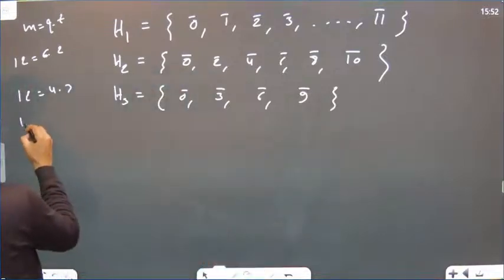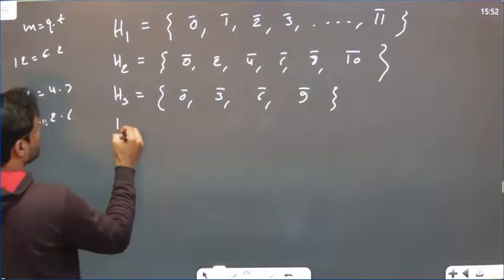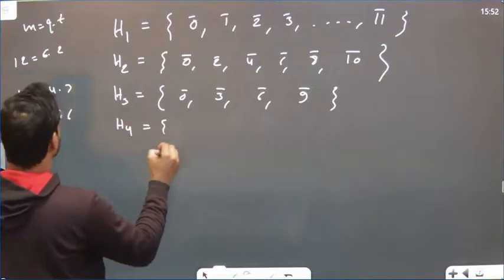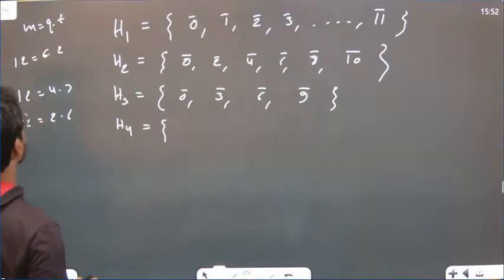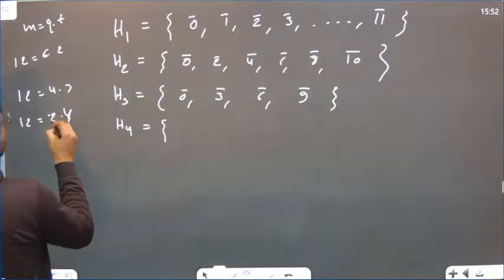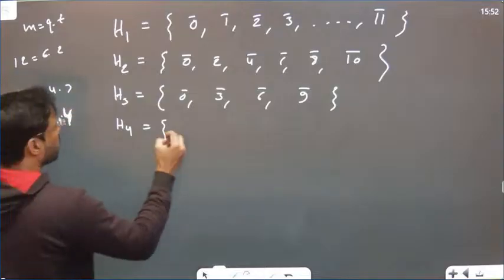Corresponding to divisor 4, 12 is 3 times 4, so we'll get 0, 4, and 8.